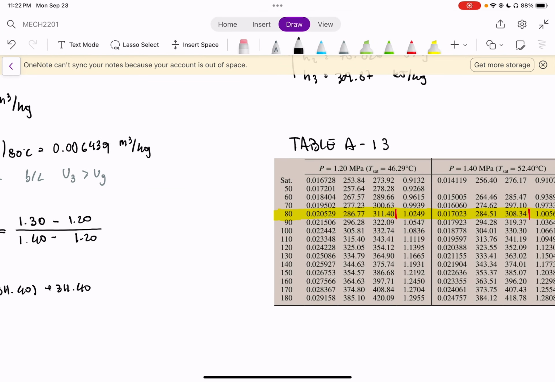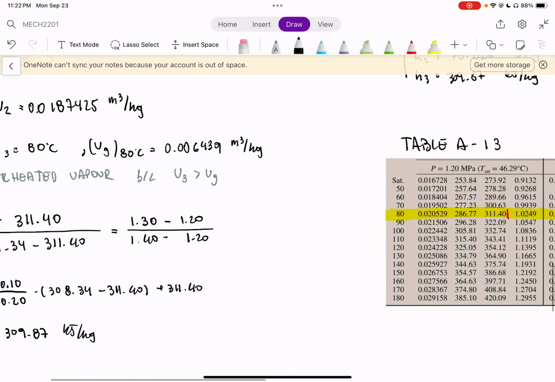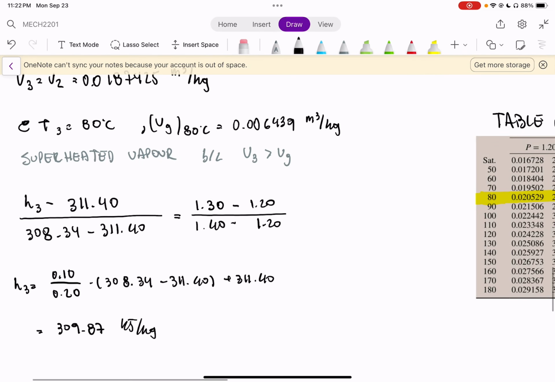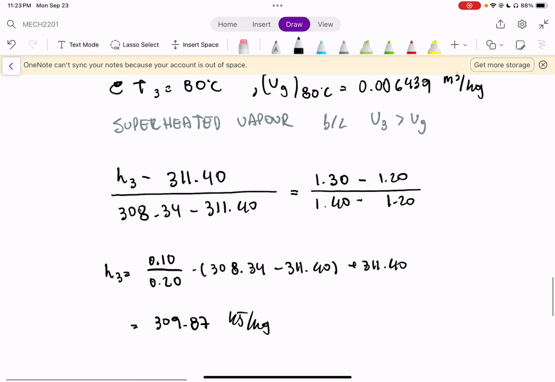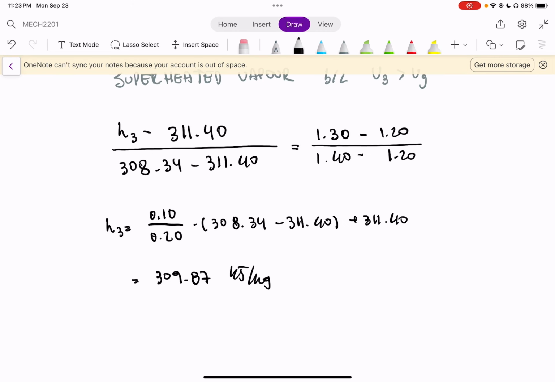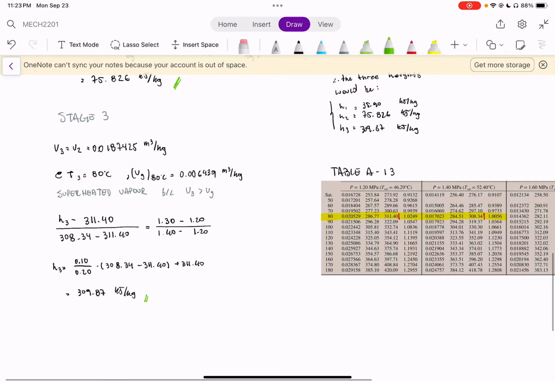We're going to assume that that value is right in the middle, which is 1.3. So we're going to assume that it's progressing linearly, so we're going to assume equal right angle triangles, and we're going to build this ratio here. Once we build this ratio, we simplify for h3. We compute all the calculations, and we get the value of 309.87 kilojoules per kilogram.